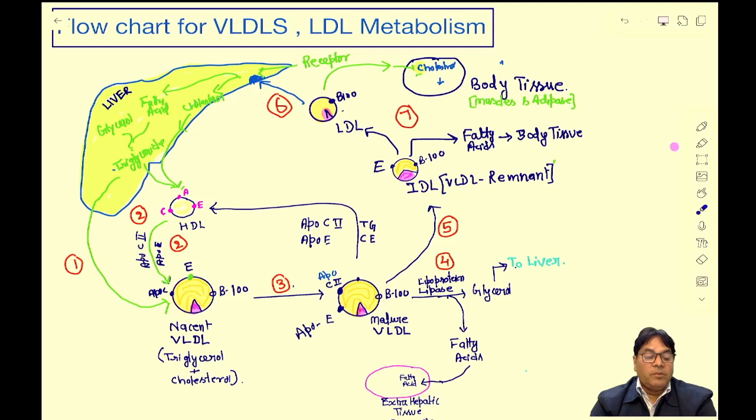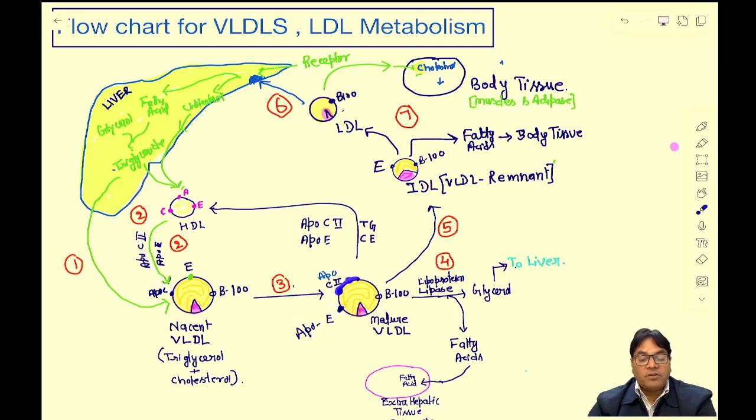They also receive apoprotein C second and apoprotein E from the HDL synthesized by the liver. So this nascent VLDL then becomes mature VLDL by receiving these two proteins.